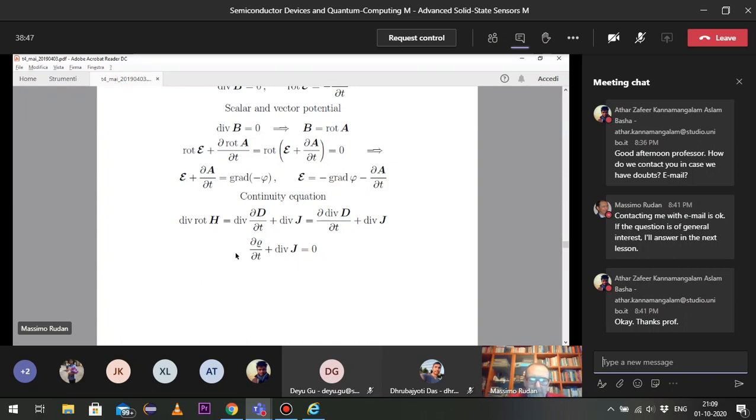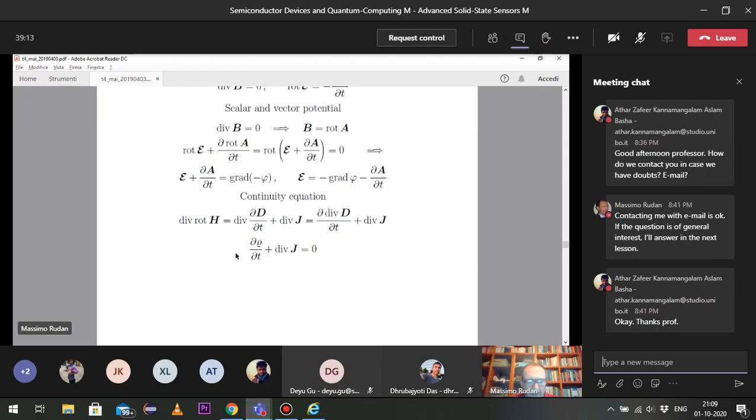And then you remember the charge density rho is equal to Q, parenthesis, small p minus small n plus capital N, parenthesis.